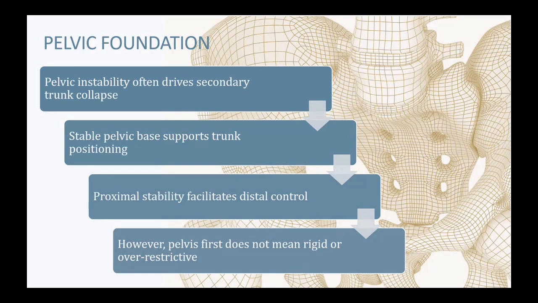Because yes, we know that pelvic instability can absolutely drive secondary challenges, including trunk collapse. Yes, it can influence movement disorders and contribute to abnormal movement patterns, such as an extensor thrust. Yes, we know that a stable pelvic base plays a major role in functional movement, because that proximal stability is what facilitates distal control. And all of that is true.